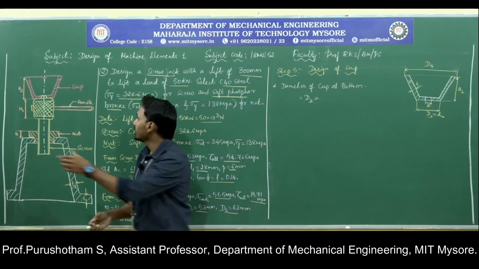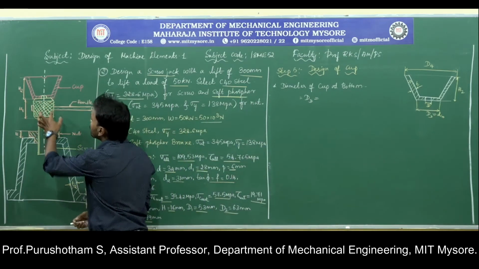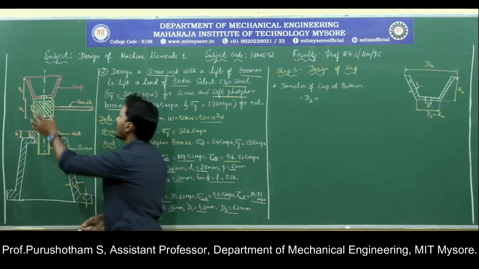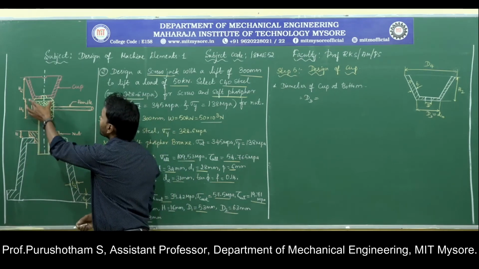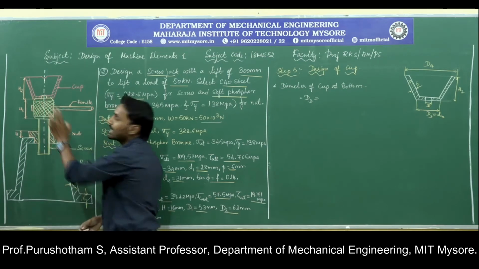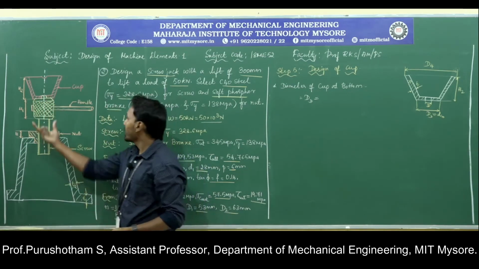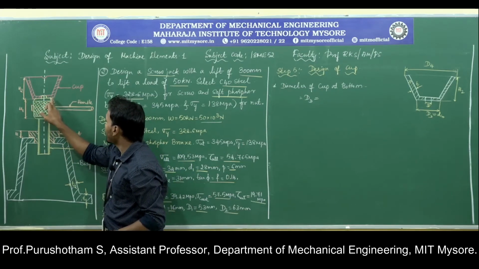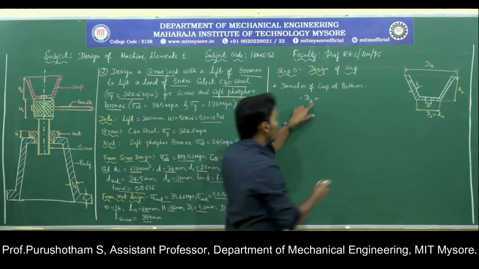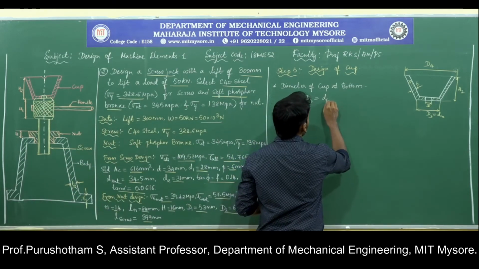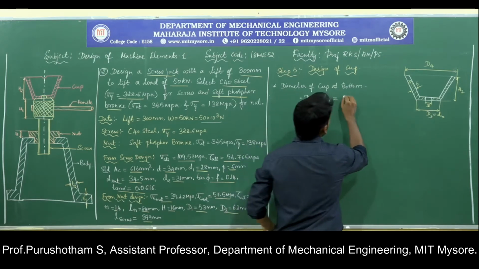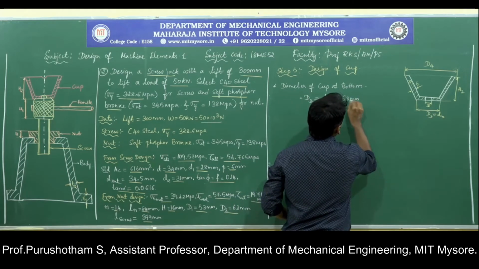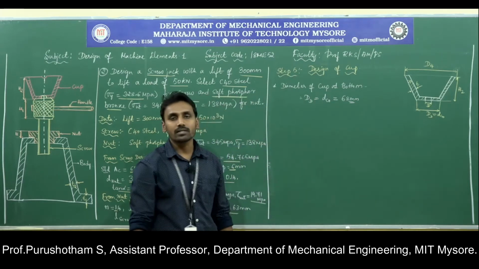If you observe the figure, the cup is placed on the screw head or collar, and the outside diameter of the screw head or collar is called DC naught. So the diameter of the cup at bottom is approximately equal to DC naught. The DC naught value is 68 mm, which was found in the previous step.